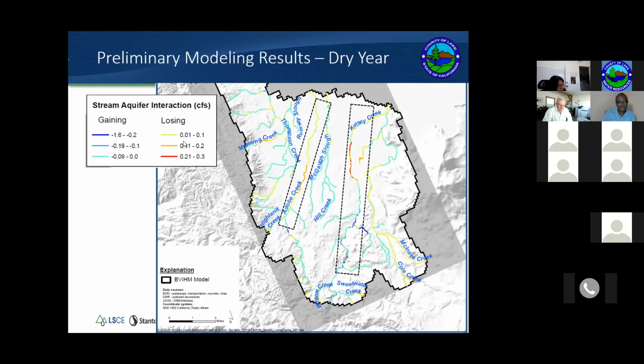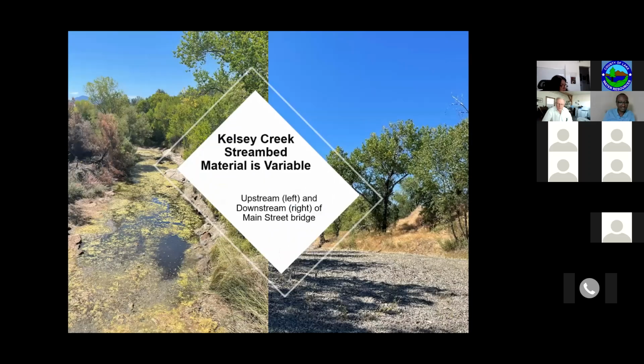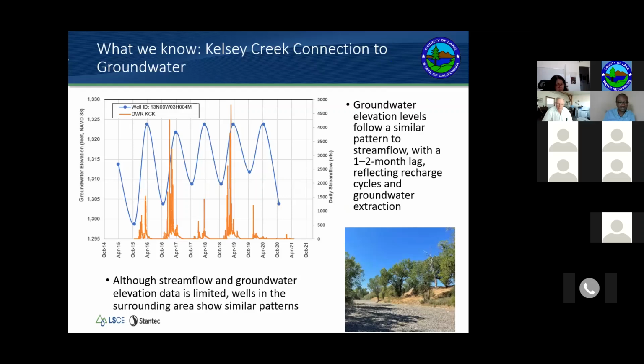Yeah, and another thing you look at here is that the values being reported are fairly small in CFS. It's just very tiny in the magnitude of gain and loss. Have you compared the USGS gauge to the DWR gauge and the flows? We have them both here. It's not in this PowerPoint, Ibrahim.